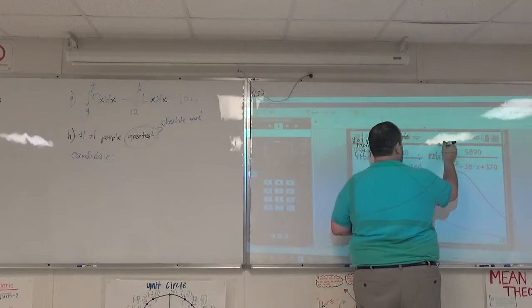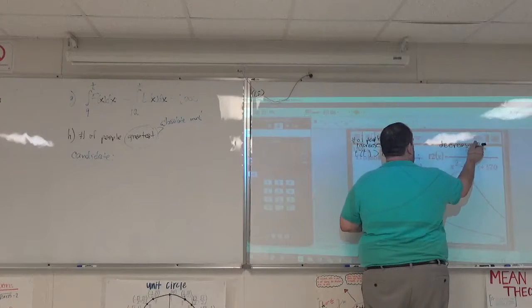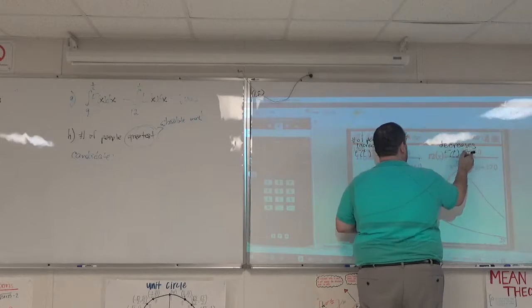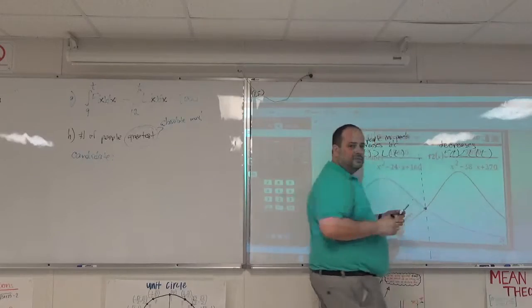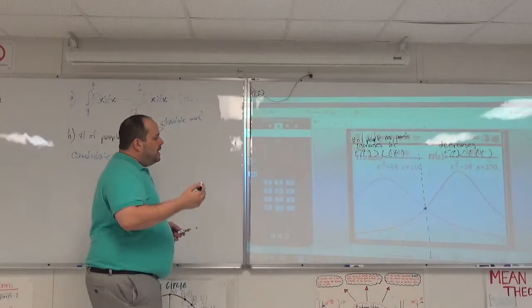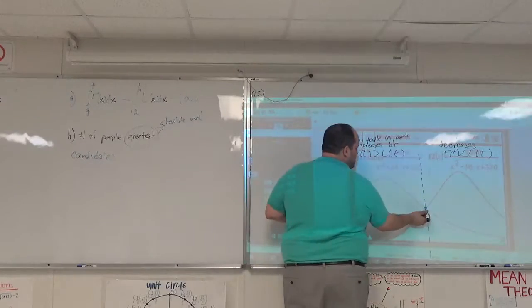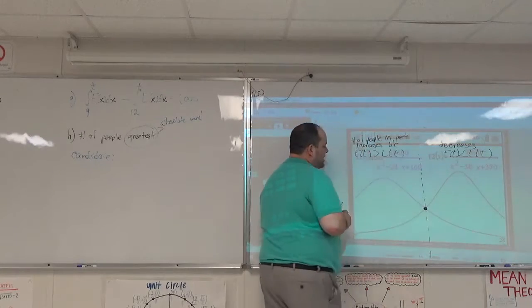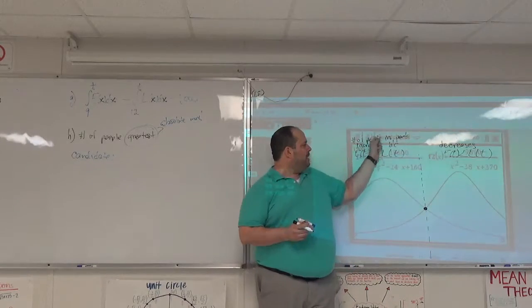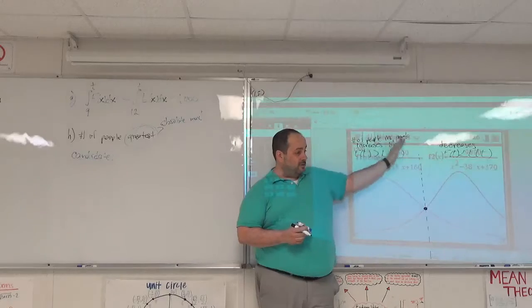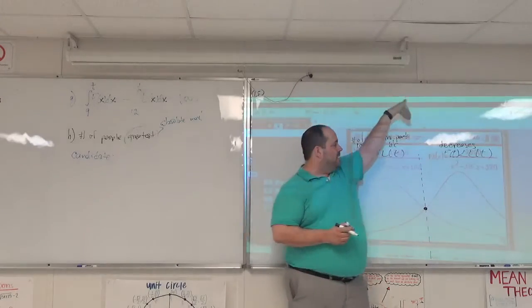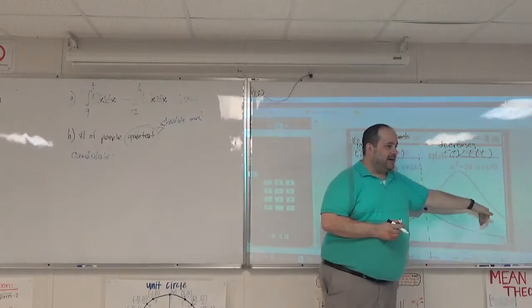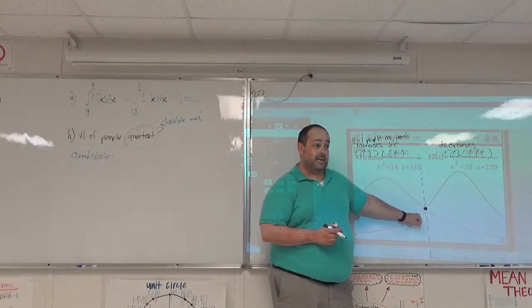Over here we can make the same argument, but it decreases because E of t is less than L of t. Is everybody okay with that? So the reason that this guy is the candidate is that at the intersection point, the number of people in the park switches from increasing, going up, to decreasing, coming back down. That's why this guy's the candidate.